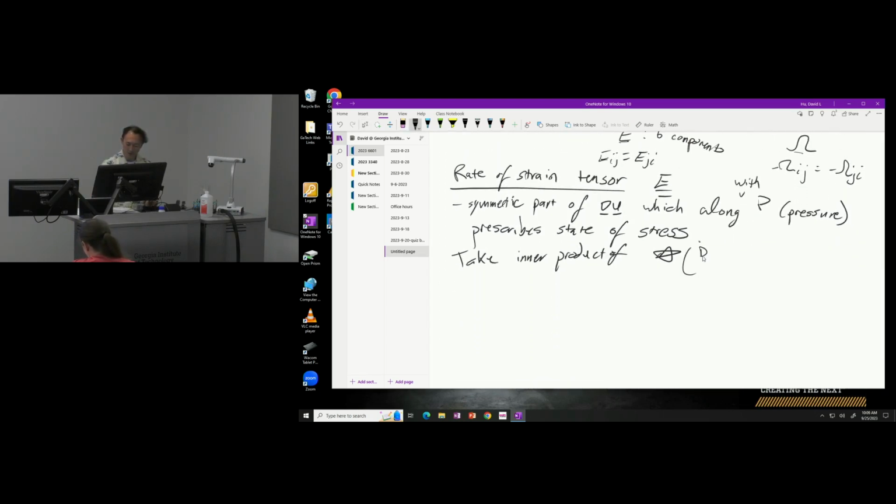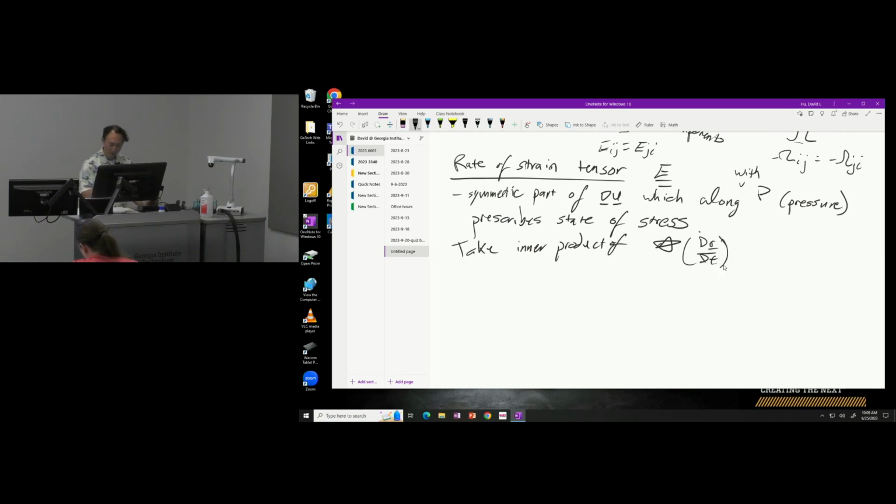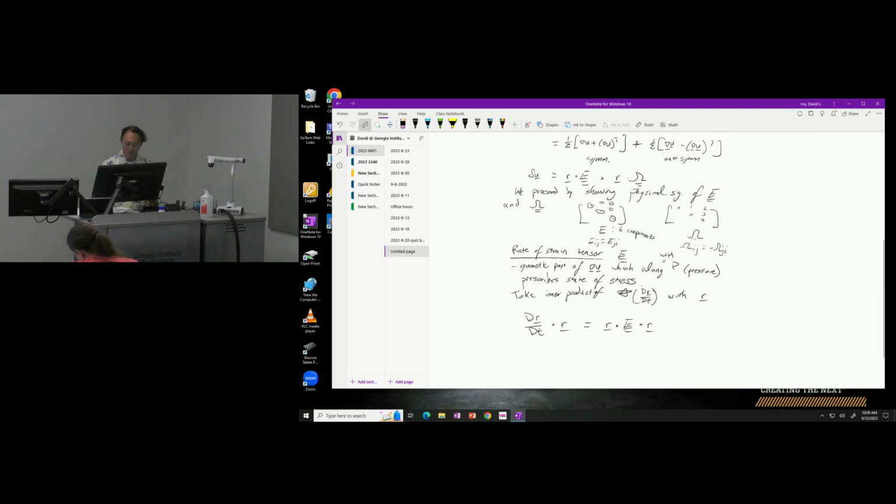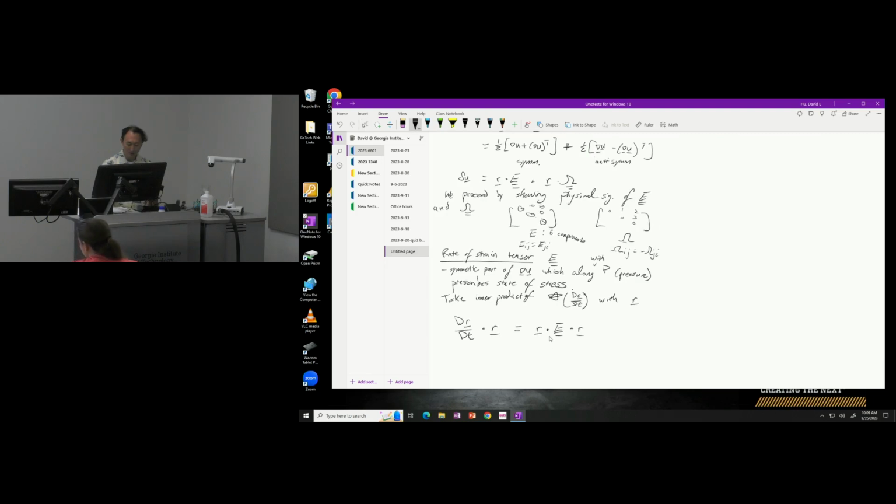We take the inner product of star with r, so we're going to dot it with r. If you have dr dt dotted with r, remember, r dot E was what we had before. I'm going to dot it with r, so we have this. I made a simplification: this E is supposed to be del u, but we're using this identity.